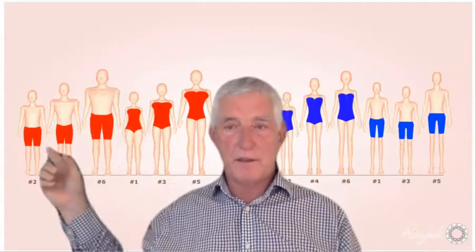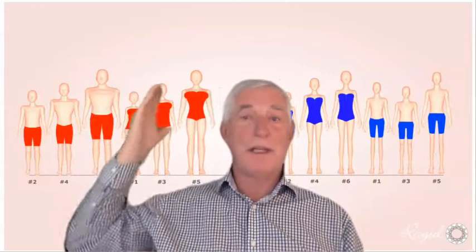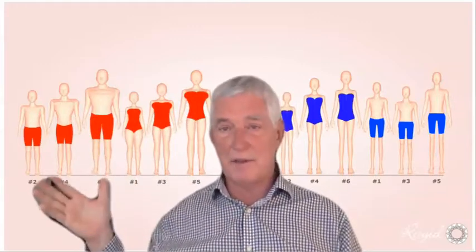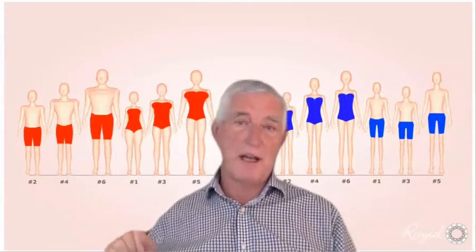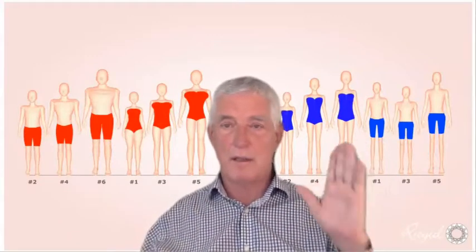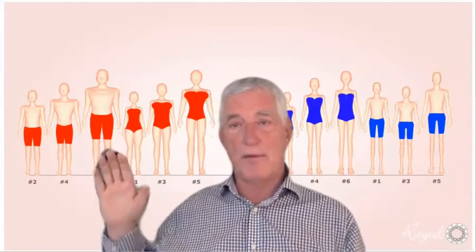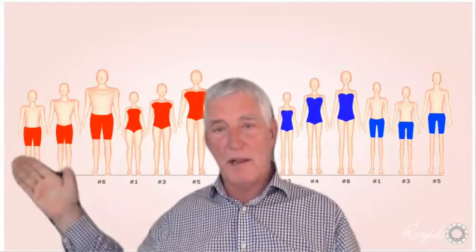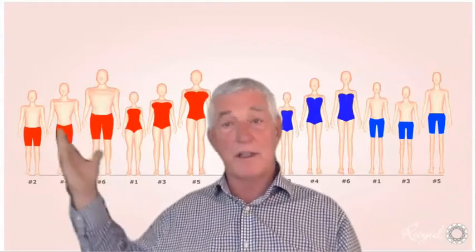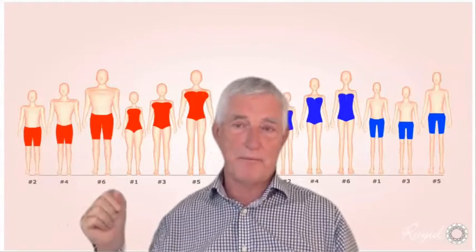Now, these 3 different body types have obviously 3 different personality types, and you can look at the personality types in the birth order book that you can download on RAYID.com. And that downloads for free, so don't worry about that part of it. You can learn the personality and the body types, and you can learn the lesson that is common to that body type.